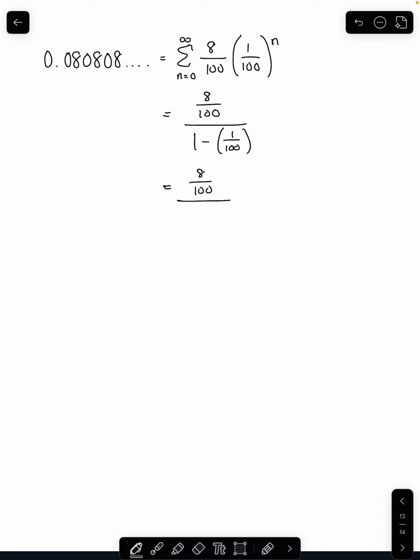One minus 1/100th is the other 99 100ths. And since they have the same denominator, this really just becomes the ratio of the numerators. So 8 over 99 is the fraction equivalent, the rational form of 0.08 repeating.